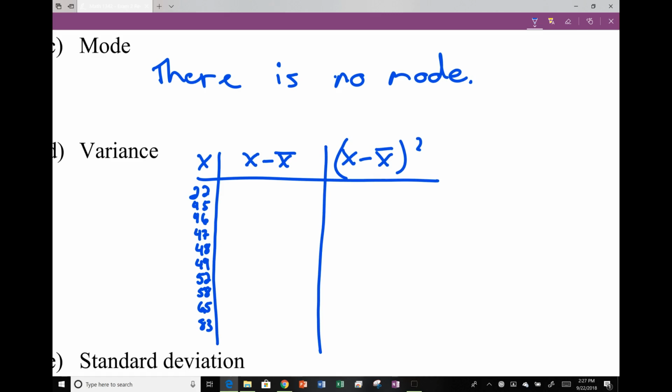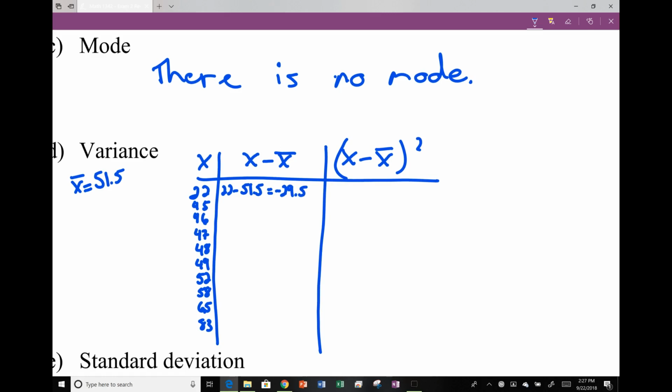Then what I'm going to do is subtract the mean from each one. Well, recall, in part A, we found that the mean was 51.5. So I'm going to take 22 minus 51.5, which will give me a negative 29.5.